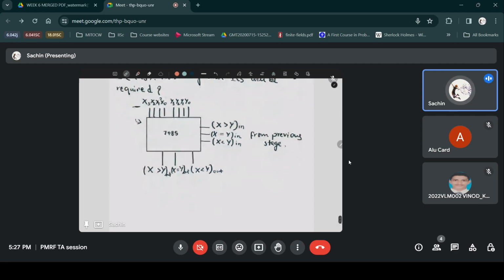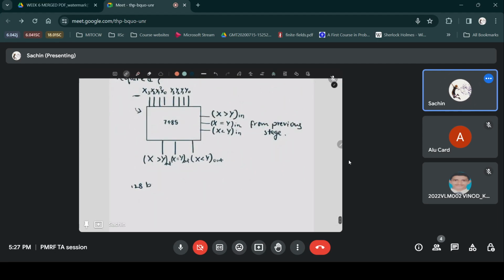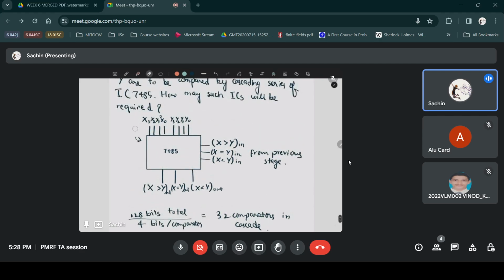So if you have 128 bits total, divided by 4 bits per comparator, you'll need 32 comparators. This is in cascade connection. Parallel and other types of connections are also possible that are explained in the lecture videos, so you can check that out.